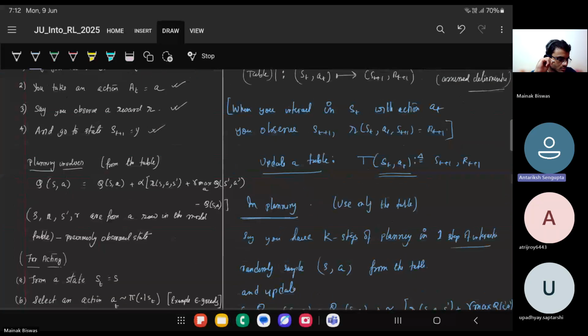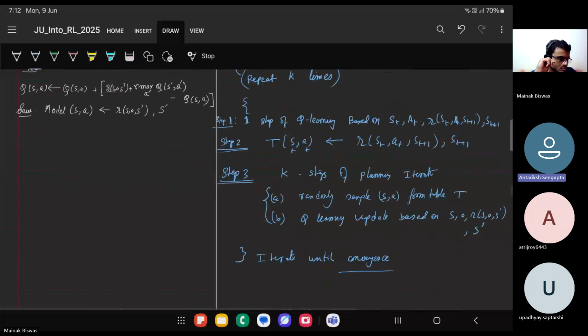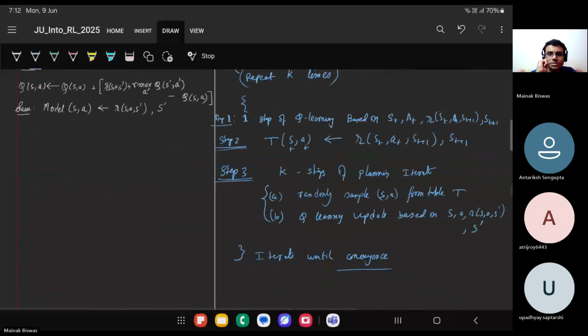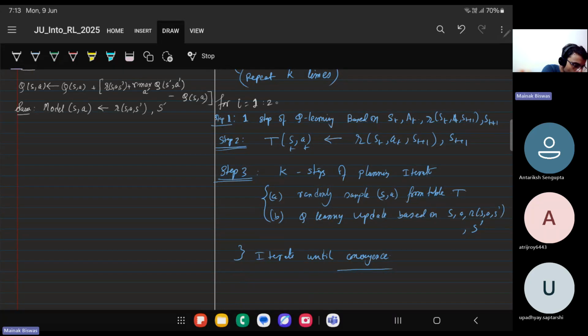So when will we select from the table and when will we not? That's what I'm saying, one step. This is a loop for i equal to 1, 2, dot dot dot, n_i. Say n_i is the number of interactions.